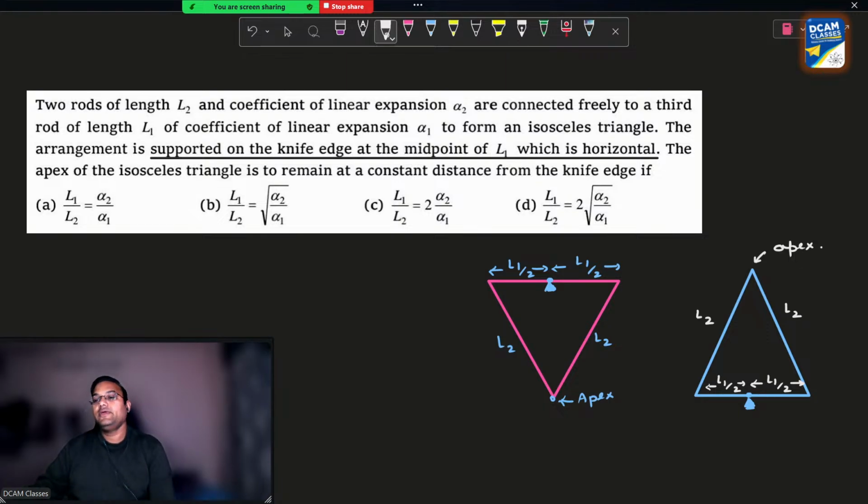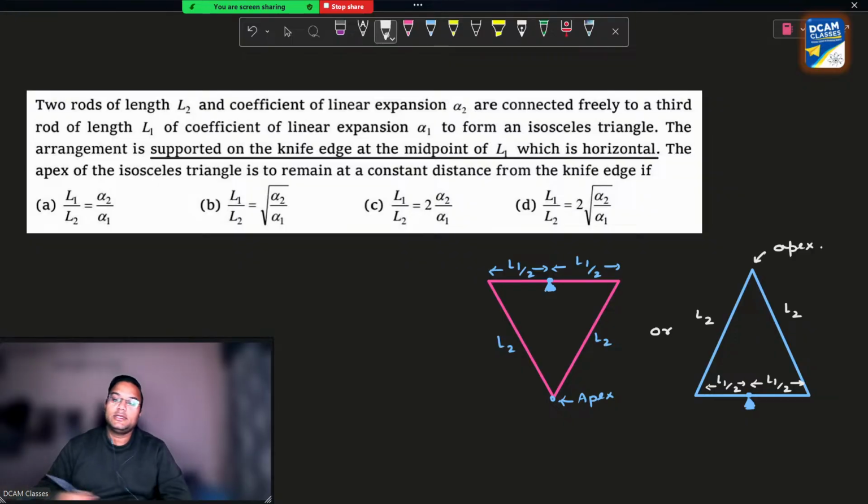Since here we are believing that it's in equilibrium, you can think both ways, and in each way, when you solve, you'll get the same answer. Not a problem.